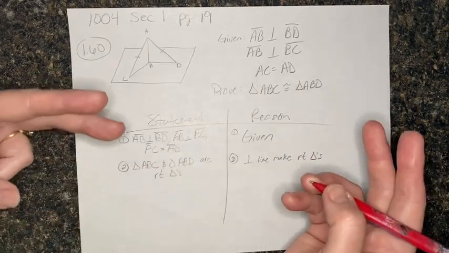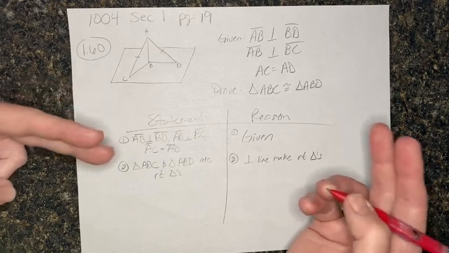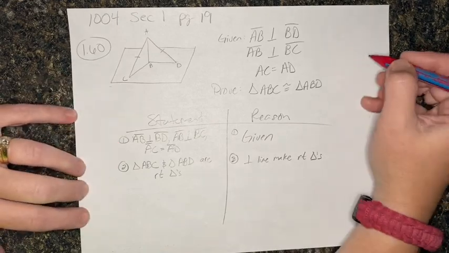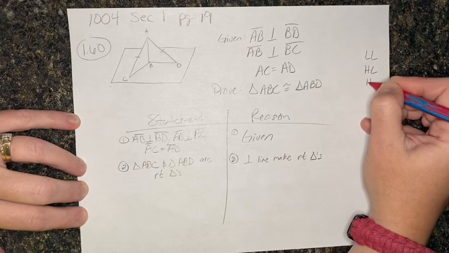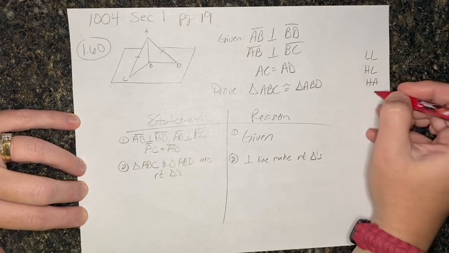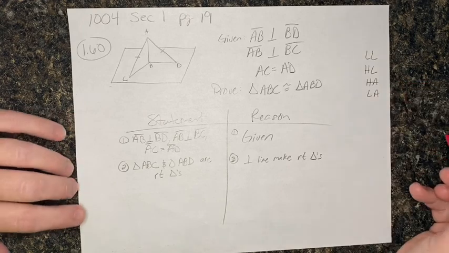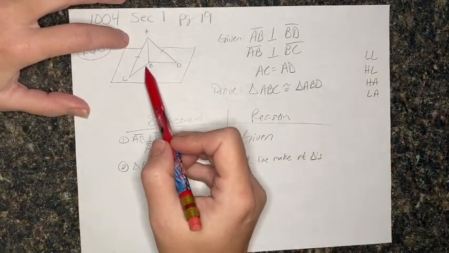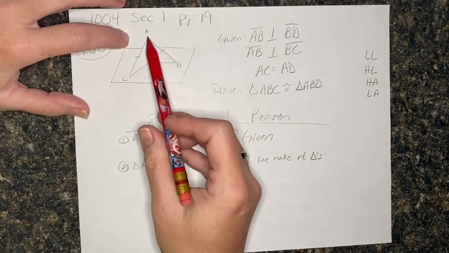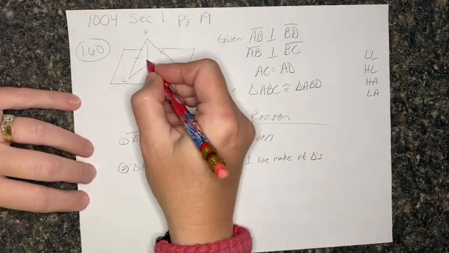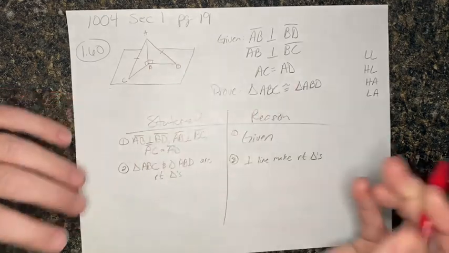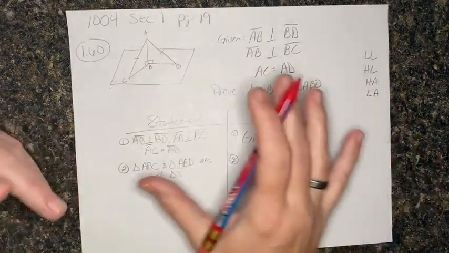So now we know we have right triangles. And remember our right uses for our right triangles, right? We have the leg, hypotenuse leg, the hypotenuse acute angle, or the leg acute angle. Now, the fact that ABC and ABD are right angles, while it's true, it doesn't really matter in the sense we don't have to show that to be true.